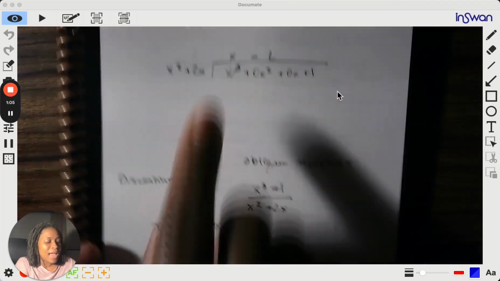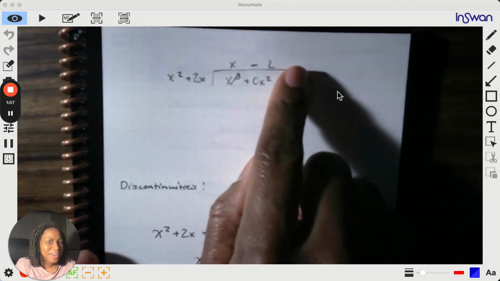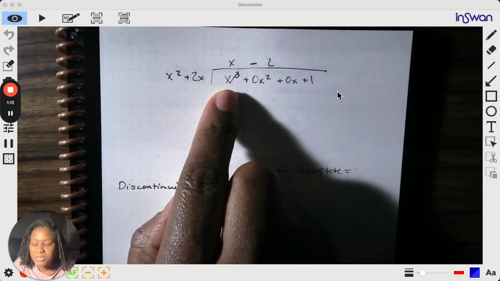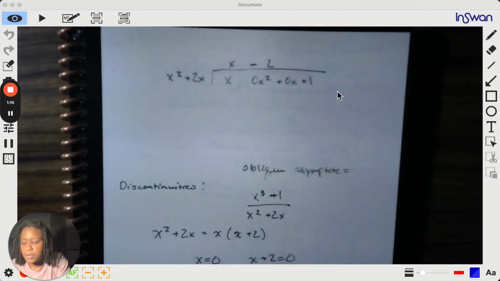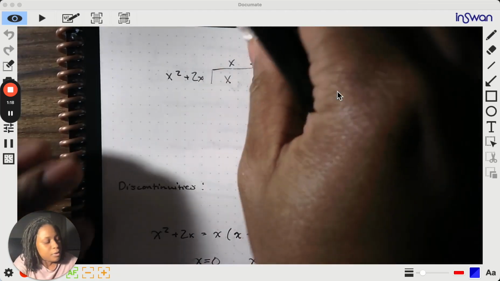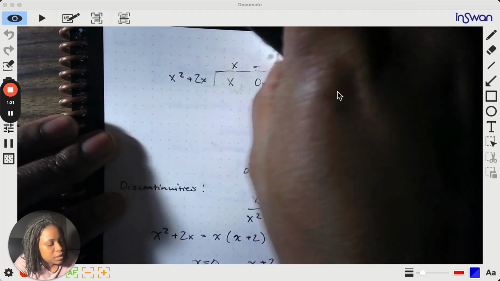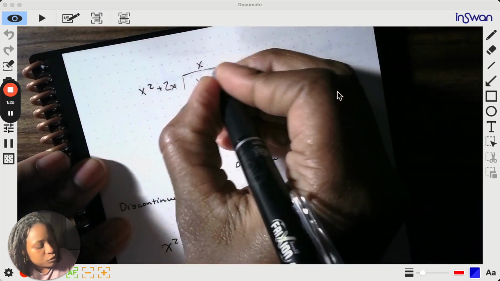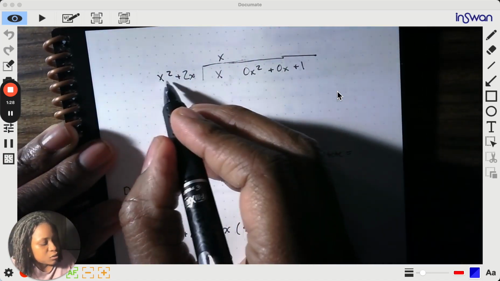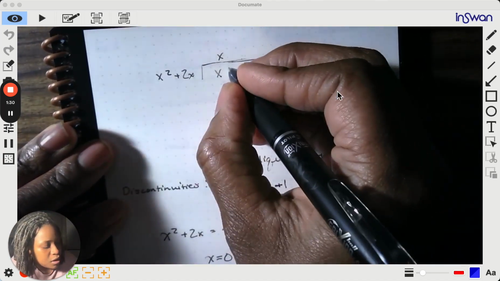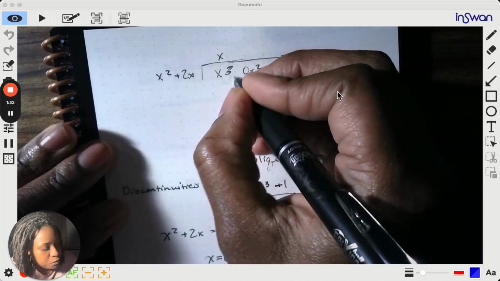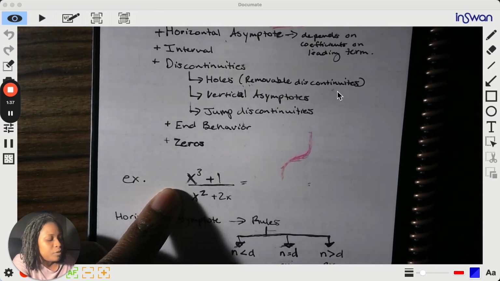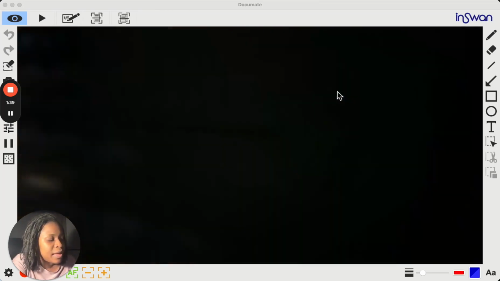For an oblique asymptote, I'm going to take my two equations and solve it on here too so you can see it. I'm going to divide them. I have x cubed plus 1 divided by x squared plus 2x.